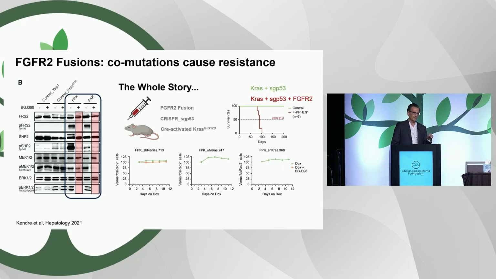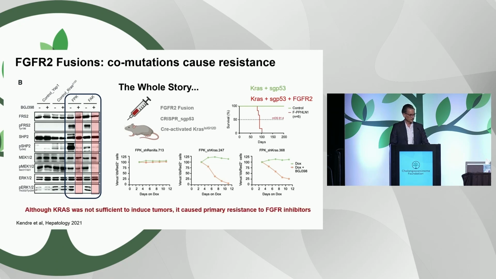So even though we need KRAS to make these tumors, inhibiting either KRAS alone or FGFR alone did not lead to success. However, when we combined the drugs, we were effective. We really saw in vitro and in vivo nice tumor shrinkage, indicating that activation of this RAS MAP kinase pathway could mediate resistance to FGFR inhibitors.